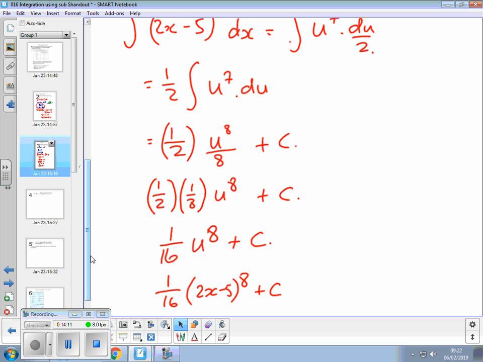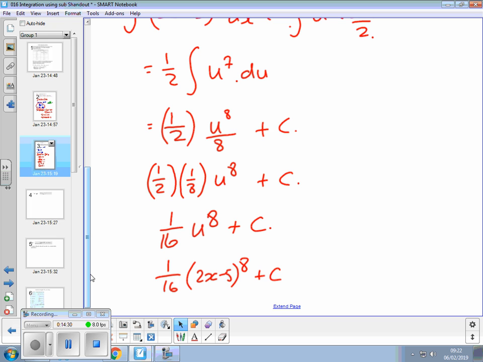So a 16th brackets 2x minus 5 to the 8 plus c is the integral of that function. Yep. Right, all happy with that? Yeah?